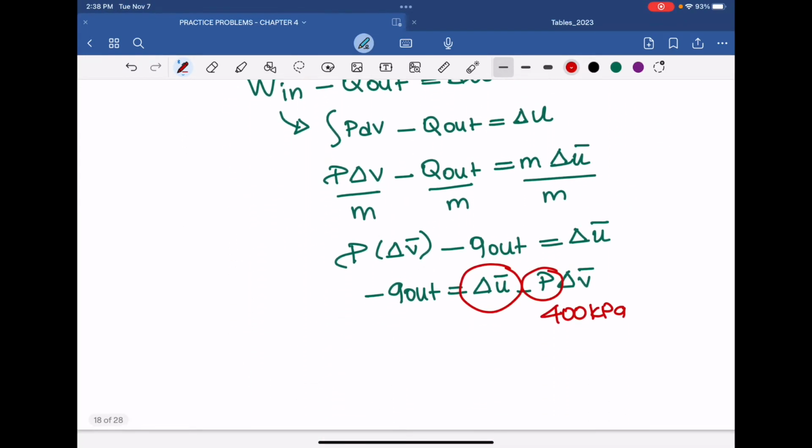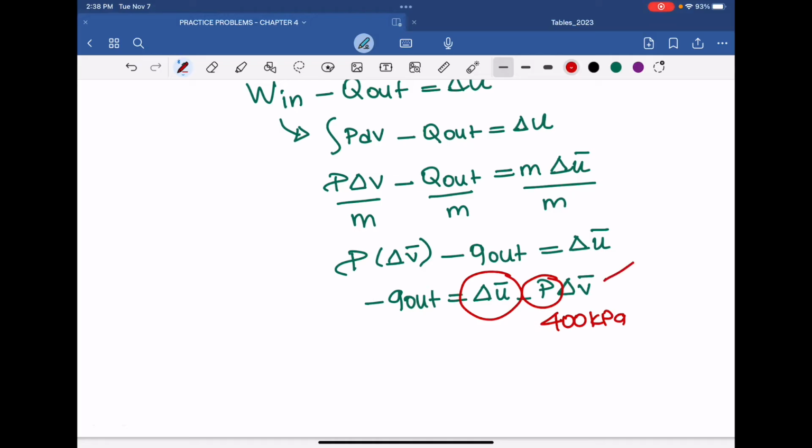And then you can plug in the volumes here and calculate that, and that is also possible, but the problem statement should clearly tell us whether it's a rigid tank or whether it's a piston cylinder device, so that we know how to include the boundary work or not.